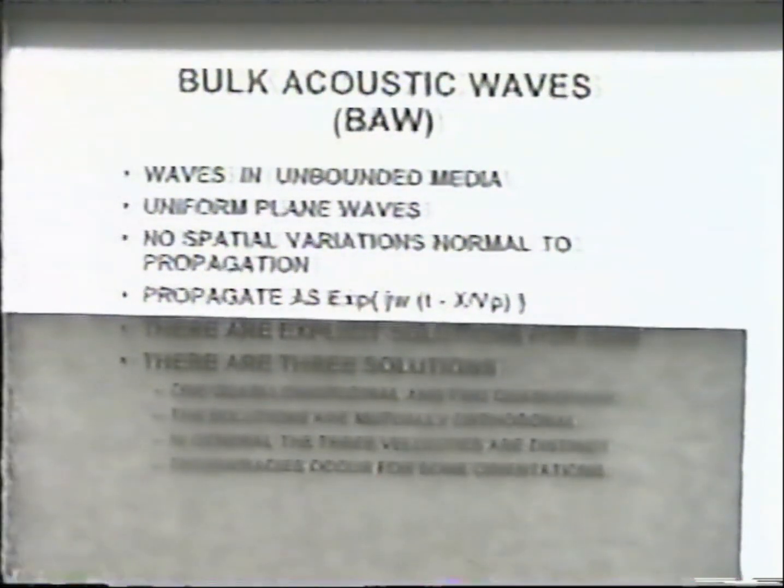I've written it here for a Z propagating wave. On the transparency, for which you have a copy, it's written for an X propagating wave. And as long as the direction is defined for the wave propagation, then this is defined.